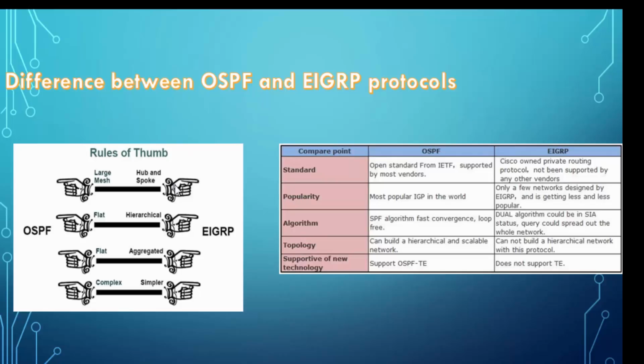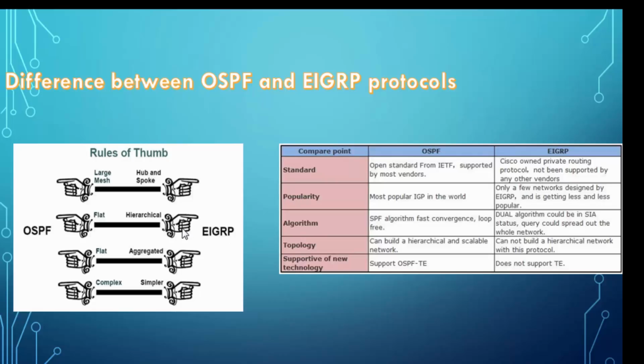EIGRP is a little bit better when it's hub and spoke: one router sending information directly to two, three, four, whatever, any number of routers in the same direction, and it's going to be a clearer configuration. It says OSPF is more flat and EIGRP is hierarchical.